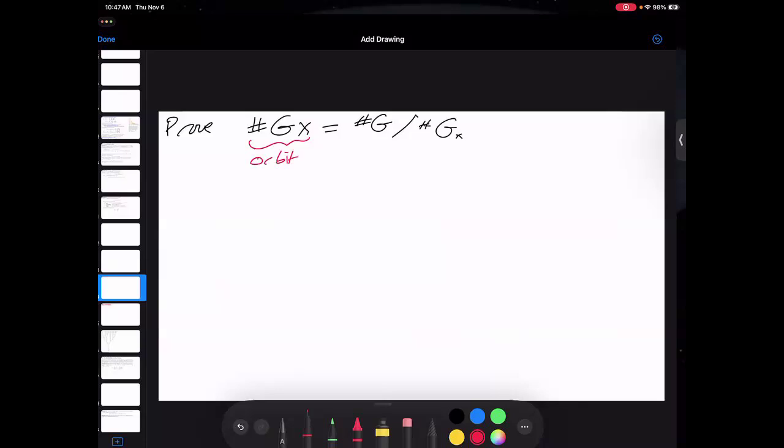G, that's the group. And what's G sub X? The stabilizer. Okay, so we want to show something like this. So let's recall Lagrange's theorem.